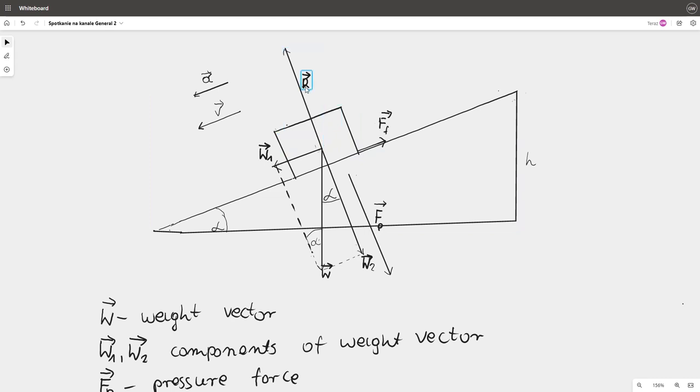Reaction force R is perpendicular to the ramp. It balances component of weight perpendicular to the incline, W2. We'll talk about it later.